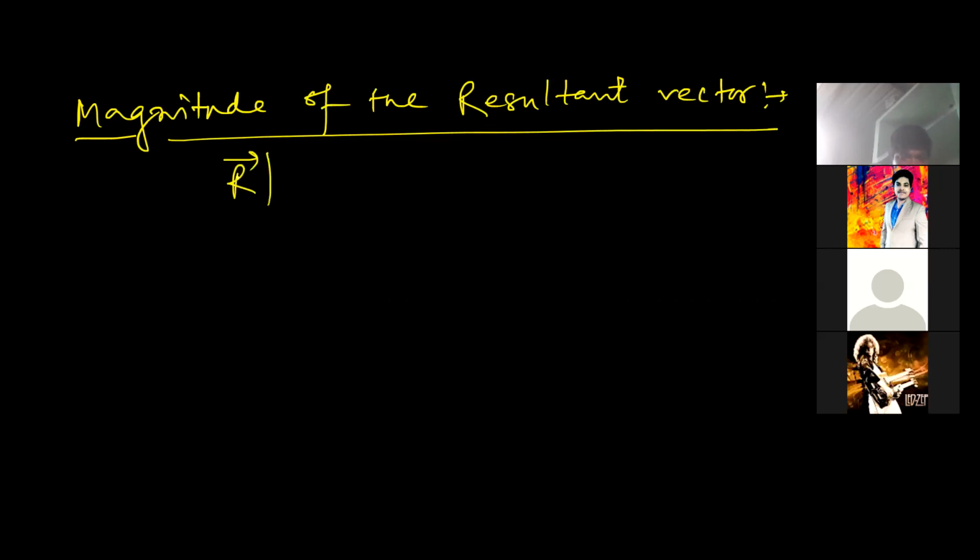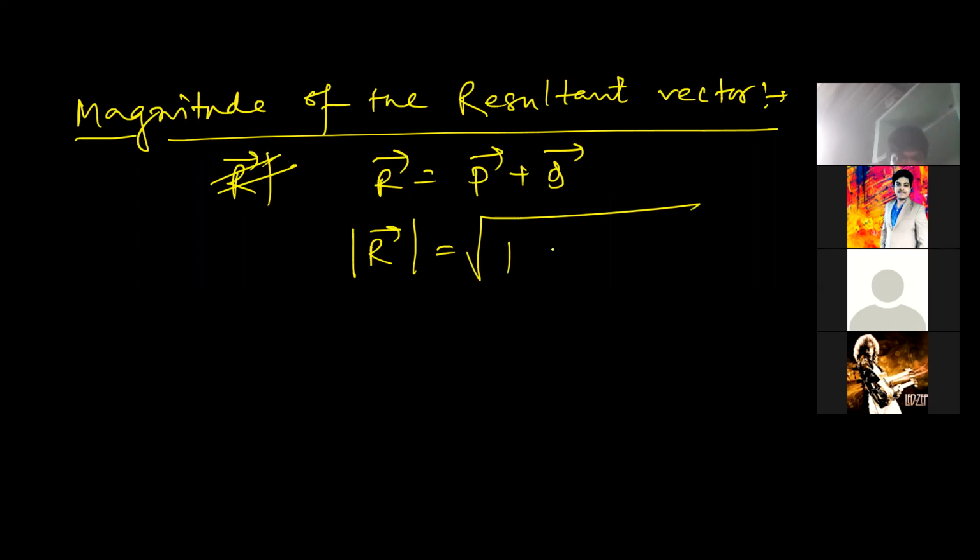In the previous case, we wrote R vector equals P vector plus Q vector. So here the magnitude of the resultant vector is modulus of R vector, which equals the square root of P square plus Q square plus 2 into P into Q cos of the angle theta.